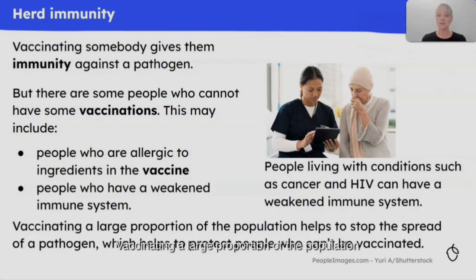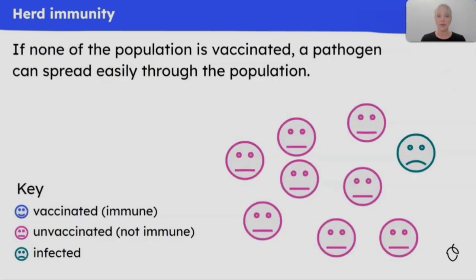Vaccinating a large proportion of the population really helps to stop the spread of that pathogen, and therefore those people that are not able to get vaccinated are protected. So if none of the population is vaccinated, a pathogen can spread easily through the population. Those pinky purpley faces there are unvaccinated people.